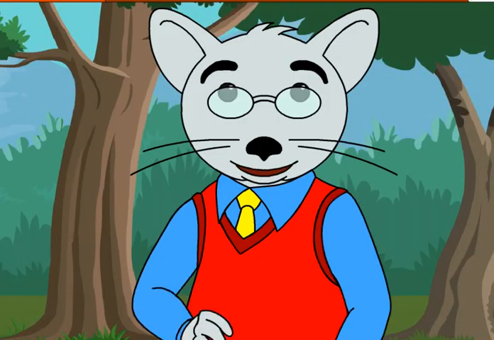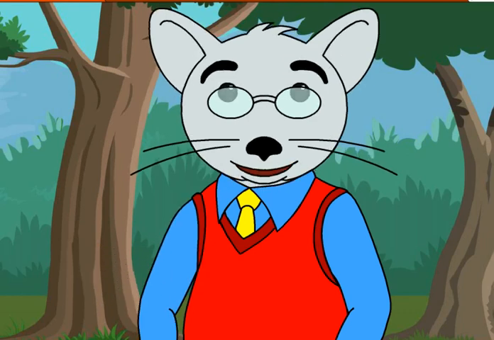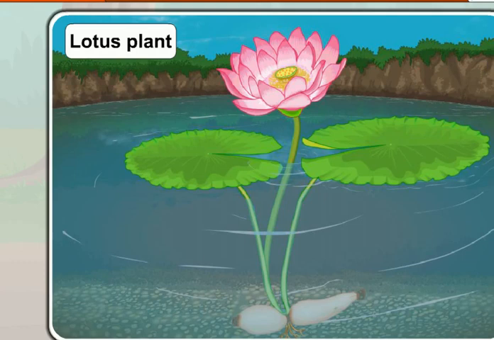Students, you have already learnt that the lotus root is fixed to a place at the bottom of the water. However, the upper parts of the lotus plant reach the surface of the water. Have you ever wondered how this is?